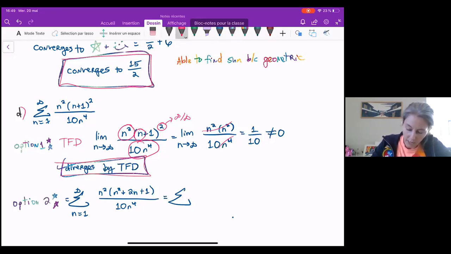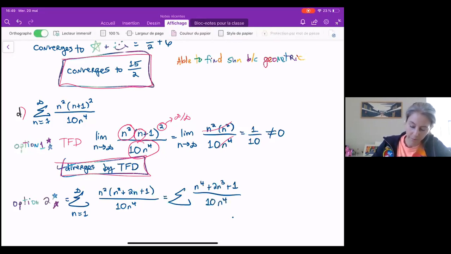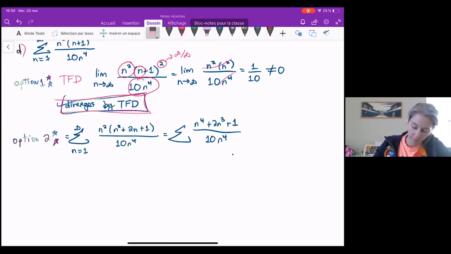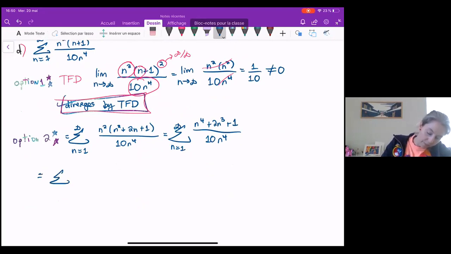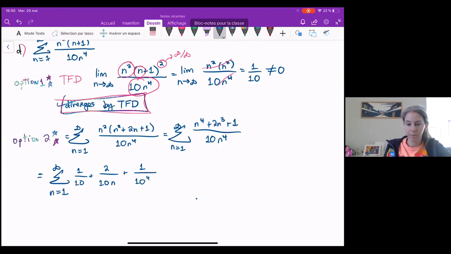And I'm going to get n to the 4th plus 2n cubed plus 1 over 10 to the 4th, which gives me the sum n equals 1 to infinity of 1 over 10 plus 2 over 10n plus 1 over 10 to the fourth.